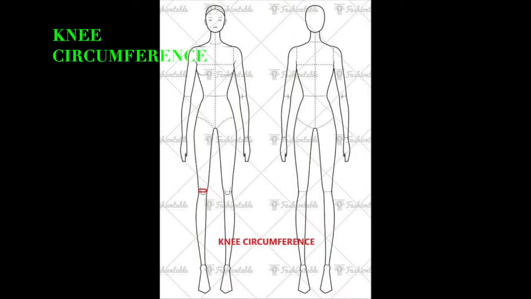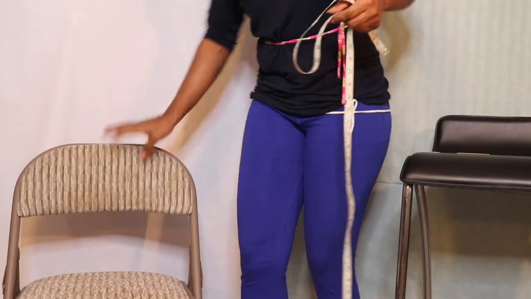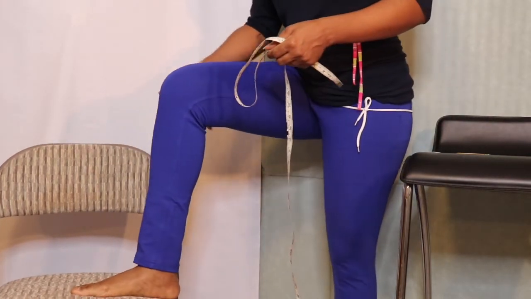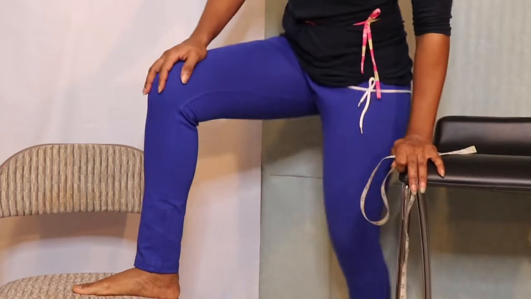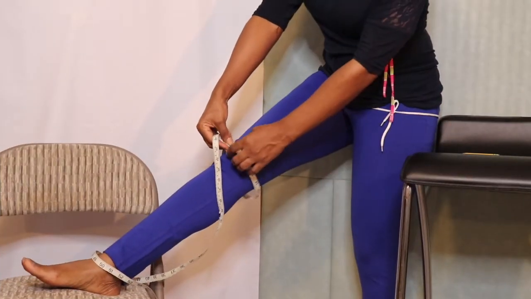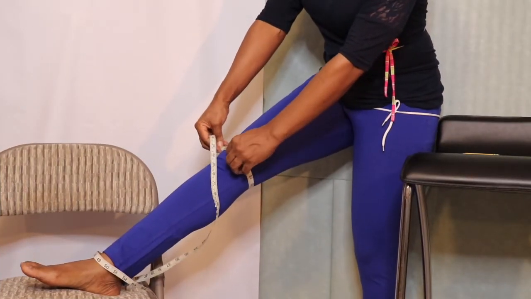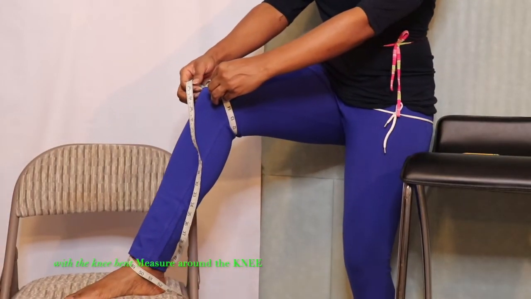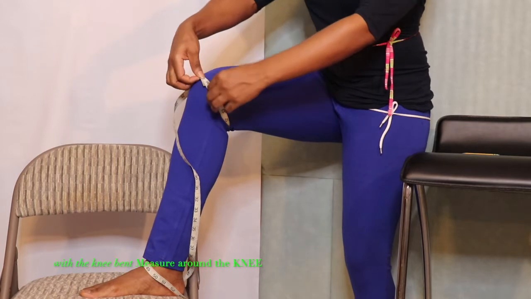The next measurement is the knee circumference. Grab a chair and place your leg on the chair to get a bended knee. With the tape measure around your knee, bend your knee. As your knee bends, the tape measure expands around your knee.